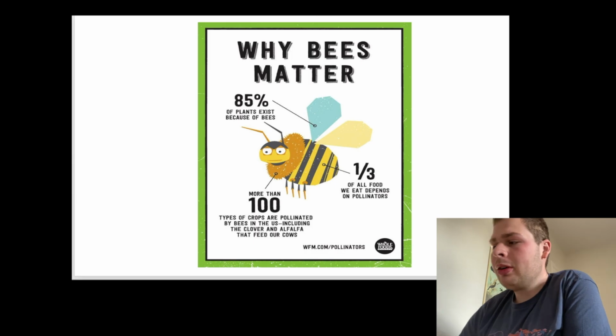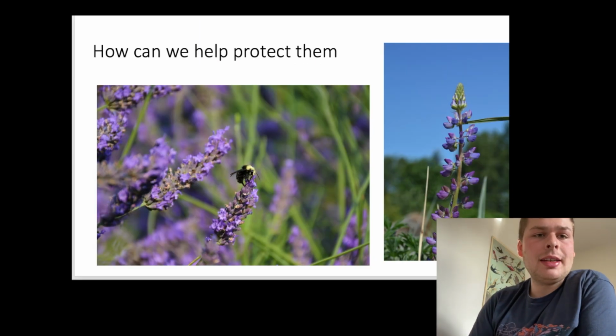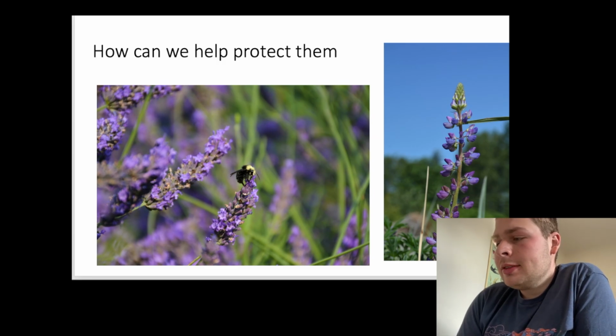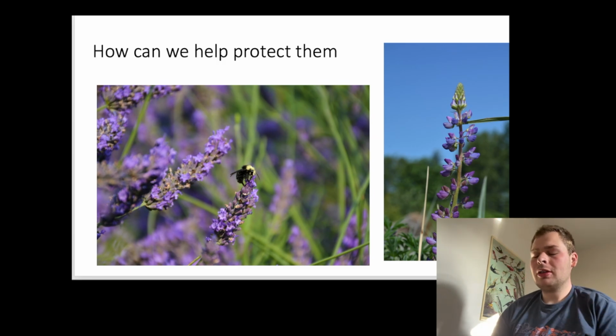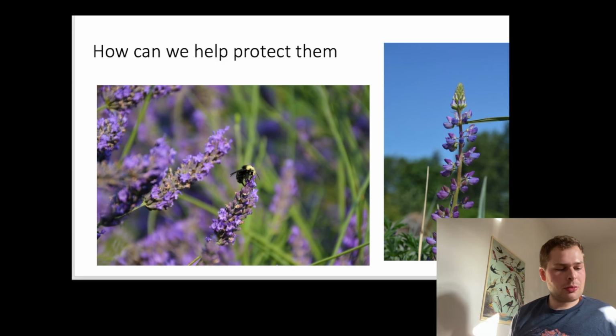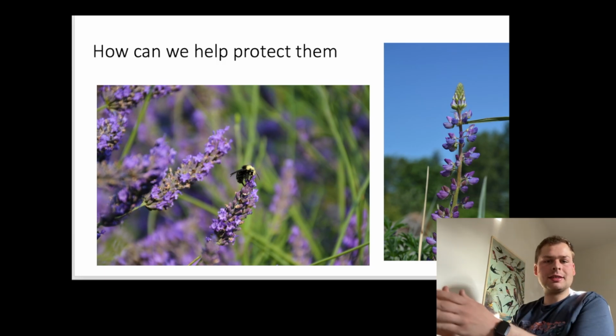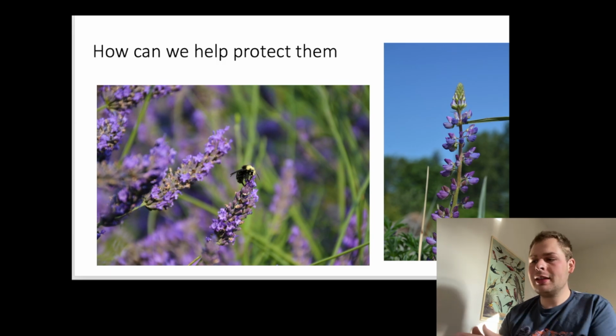So how can we protect them? Does anyone have any ideas? A few ideas are planting flowers that have a bloom period throughout from spring to late summer. That means that we can feed the bees all summer.